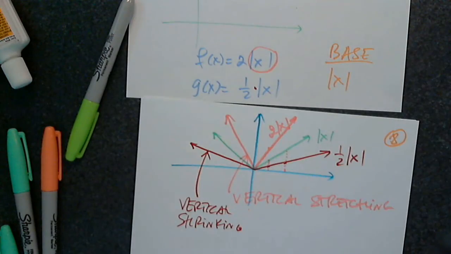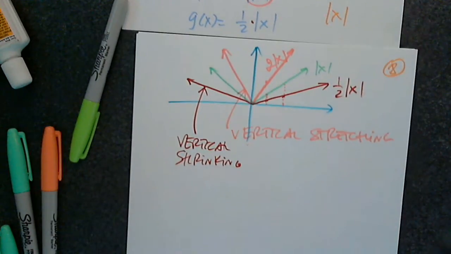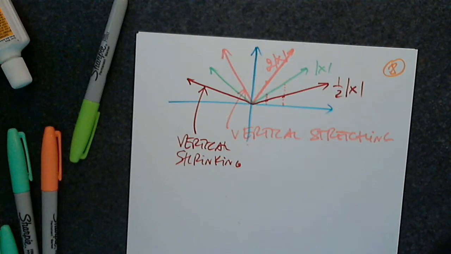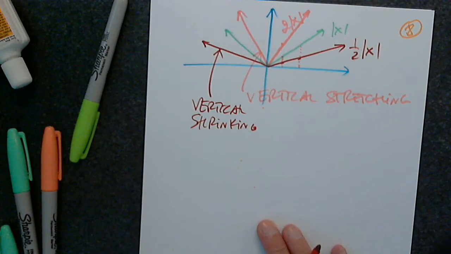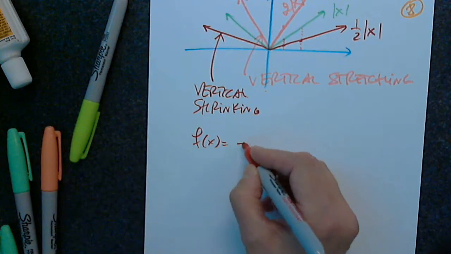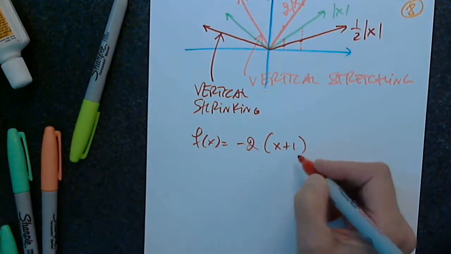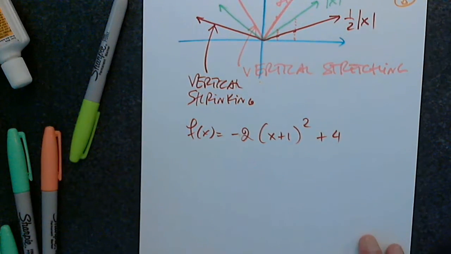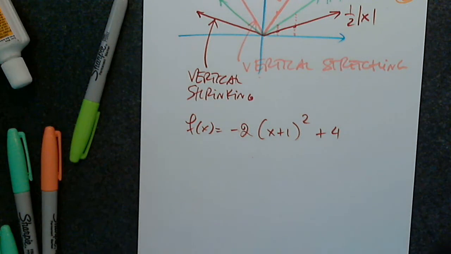Let me show you a combo first, and then we look at the last one, and then we can move on. Here it is. f of x equals -2 times (x plus 1) squared plus 4. Okay, which base function did I use now?